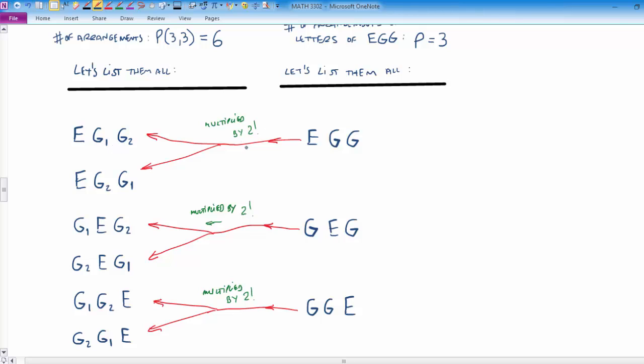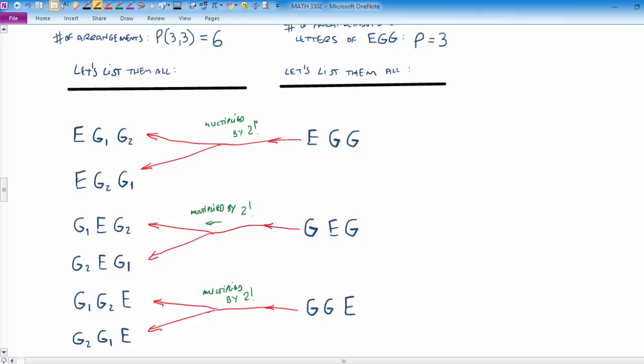From that relation, we obtain a formula. If we had 3 letters that were exactly the same, let's suppose we have the letters E, G, G, G, 3 G's instead of 2 G's, then those 3 G's would yield 3 factorial new permutations if we make those G's distinct.